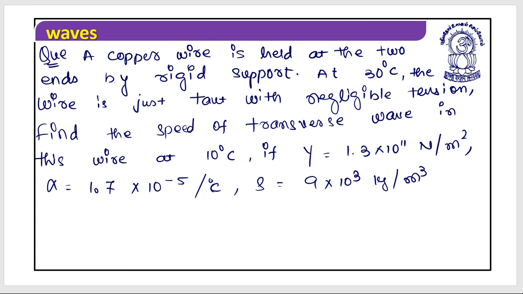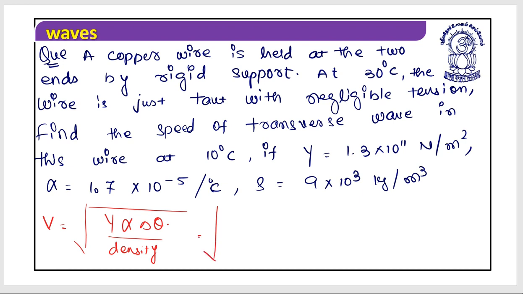They have asked us about the thermal stress relation. Basically they have asked the velocity, and this velocity v is equal to root of Y alpha delta theta divided by density.